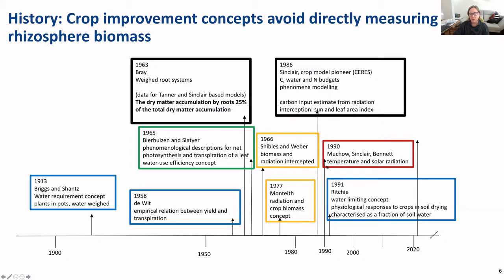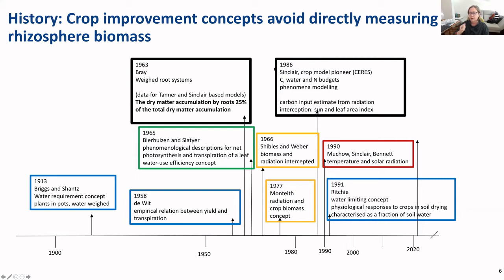He added on the importance of air temperature for estimating the biomass from solar radiation. And separately, Ritchie, again working on water, introduced the water limiting concept. And this is really to point out that crops in drying soil, their physiological responses, growth, photosynthesis, can be characterized as a fraction of the soil water that is available and remaining for growth.